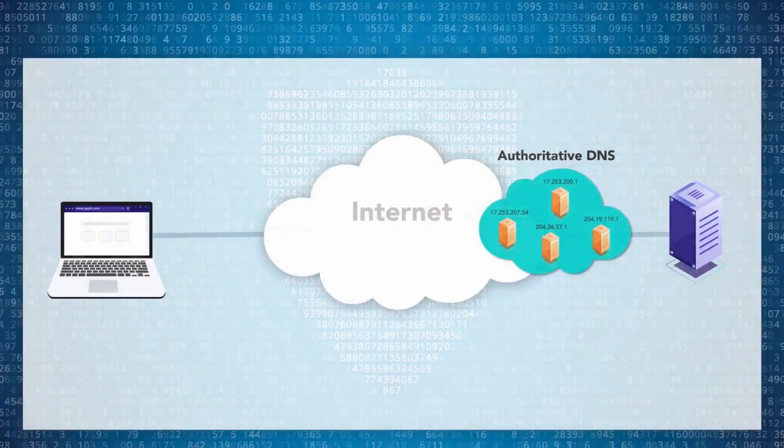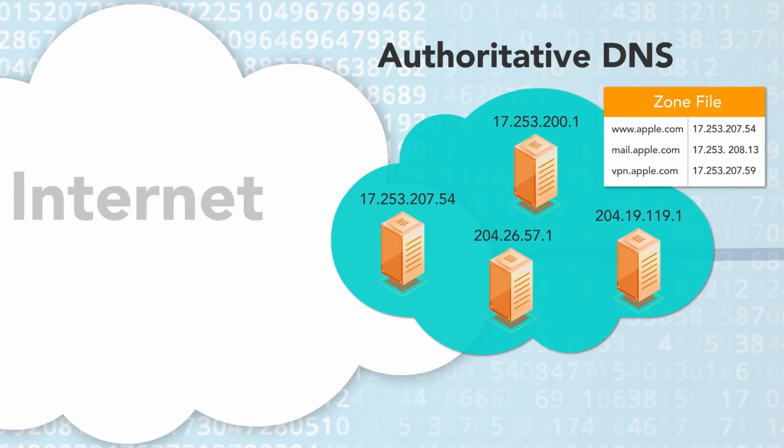To configure those authoritative DNS servers, you have to create and upload a zone file to them. Essentially, the zone file lists all of the translations for the host names in the domain. In this example, the zone file for apple.com includes translations for host names www.apple.com, mail.apple.com, vpn.apple.com, and whatever else is needed.